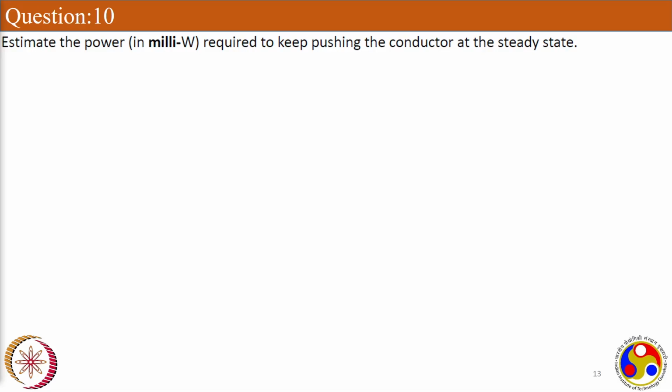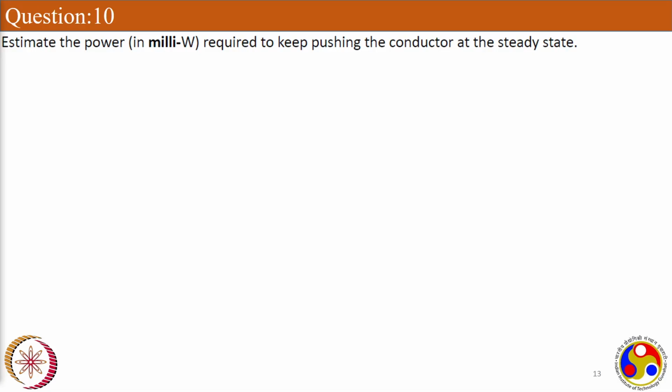Now we know some formulas related to power. That is I square R, and the basic V multiplied by I. But apart from these two, there is another formula for power when you know the force and velocity.